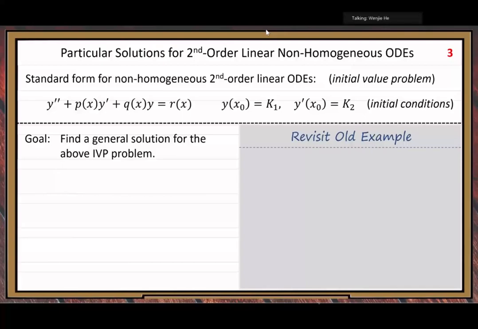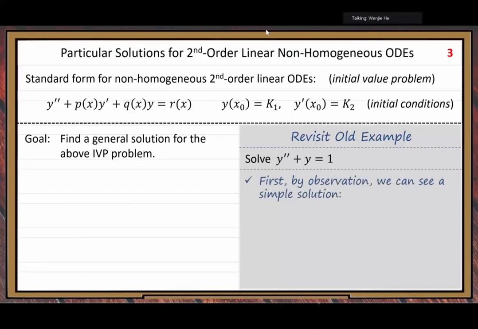We need some idea, so we revisit an old, simple example. We try to do an experiment on this example to give us some idea that we can use to solve this general form.